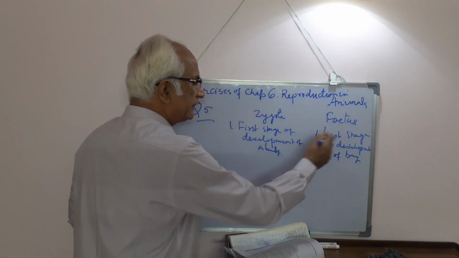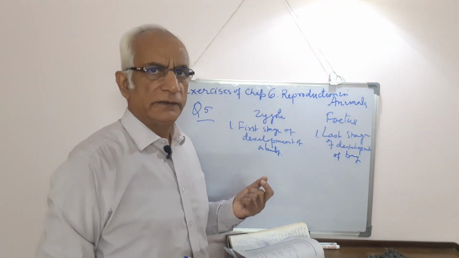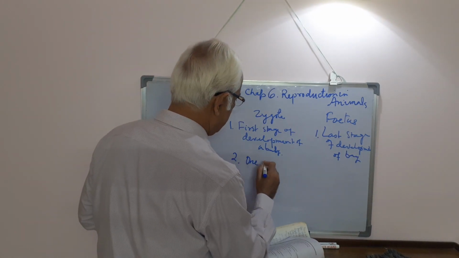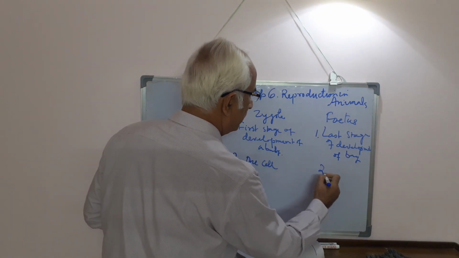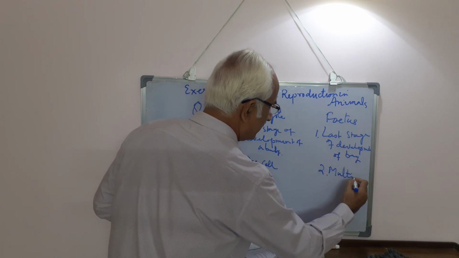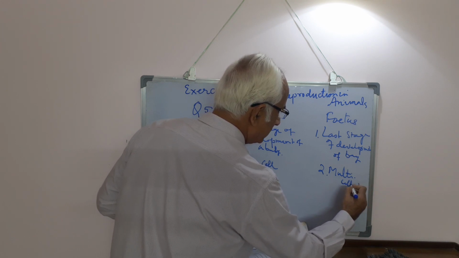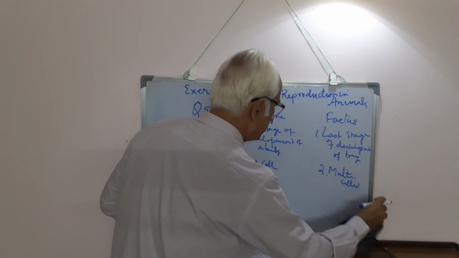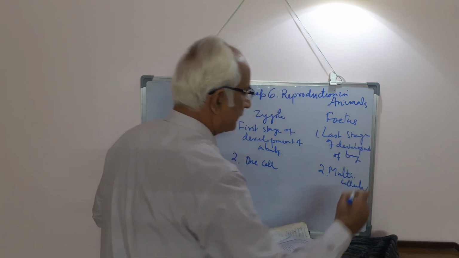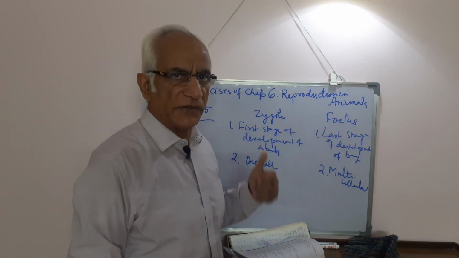Zygote is formed when the egg is fertilized. It is one cell. Fetus is multicellular. There are so many cells. So it is the first stage, it is the last stage, that's the first difference.